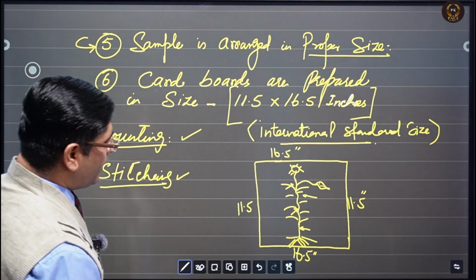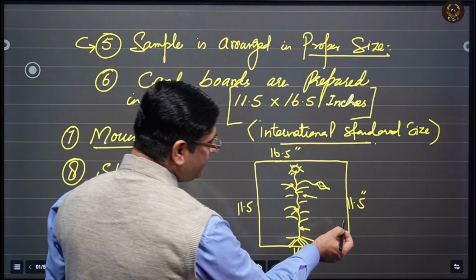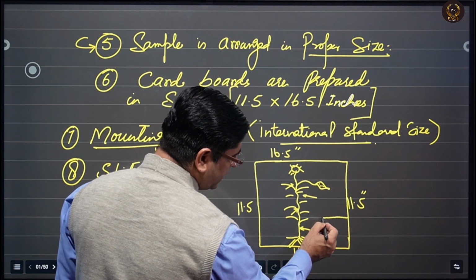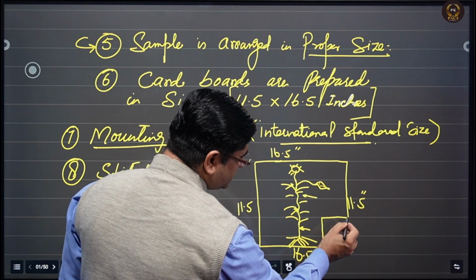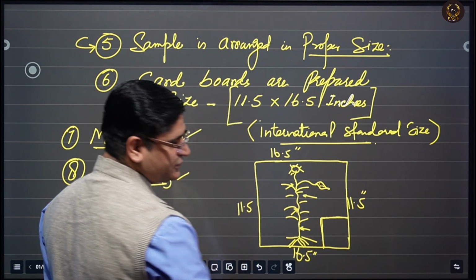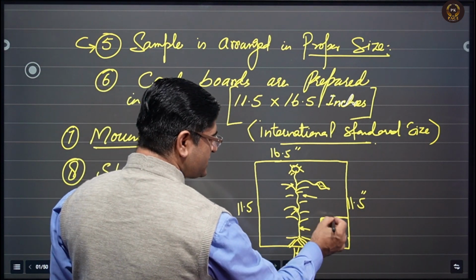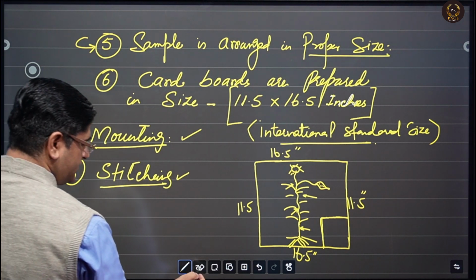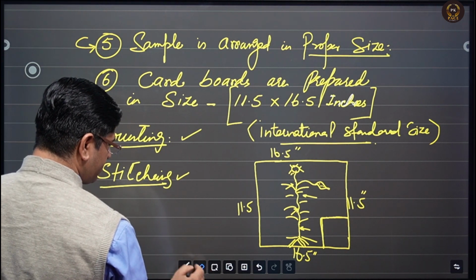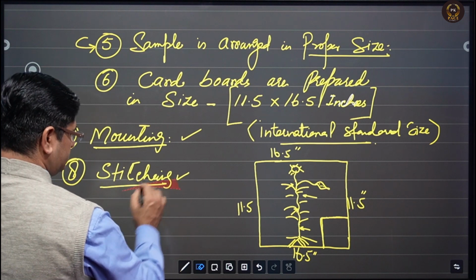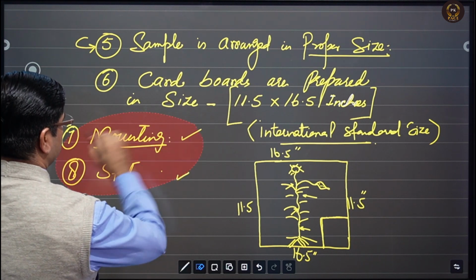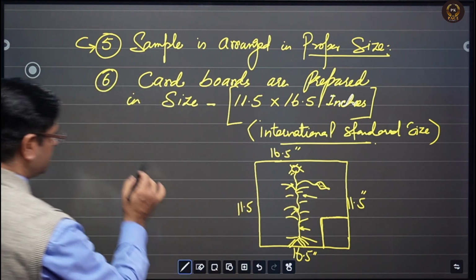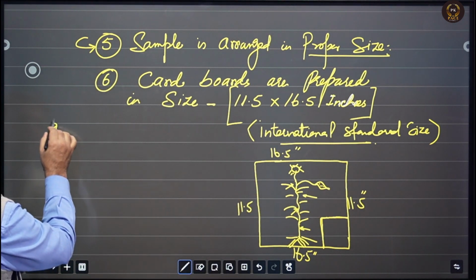Now once this is done, at the lower right corner some space is utilized.